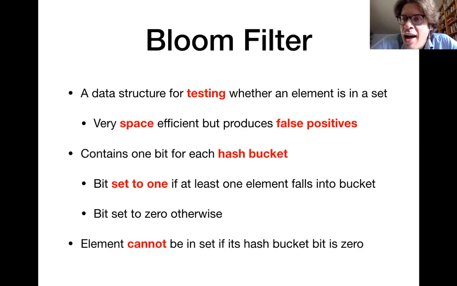So if I'm analyzing this Bloom vector and I see a bit set to 0, I know for a fact that no corresponding element can be in the set. But if the bit is set to 1, I know that some elements whose hash value fall into that bucket are in the set, but I don't know which ones precisely. So some information is lost in the process.